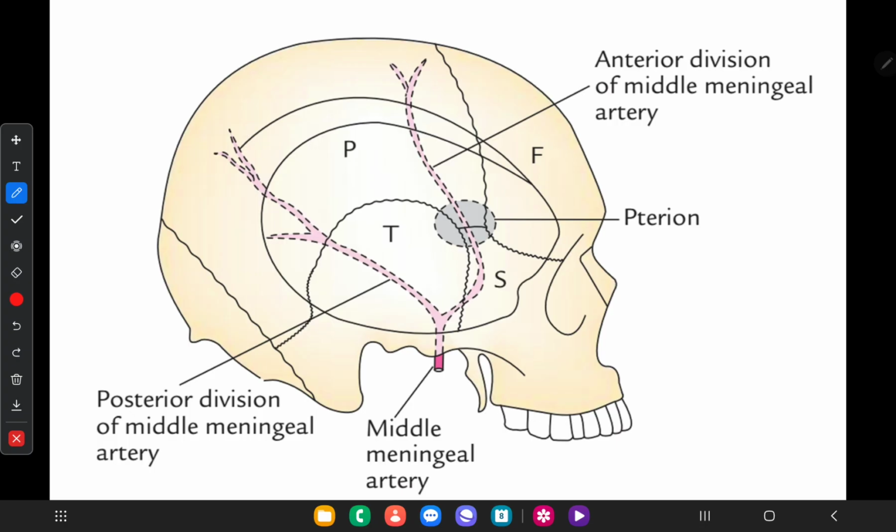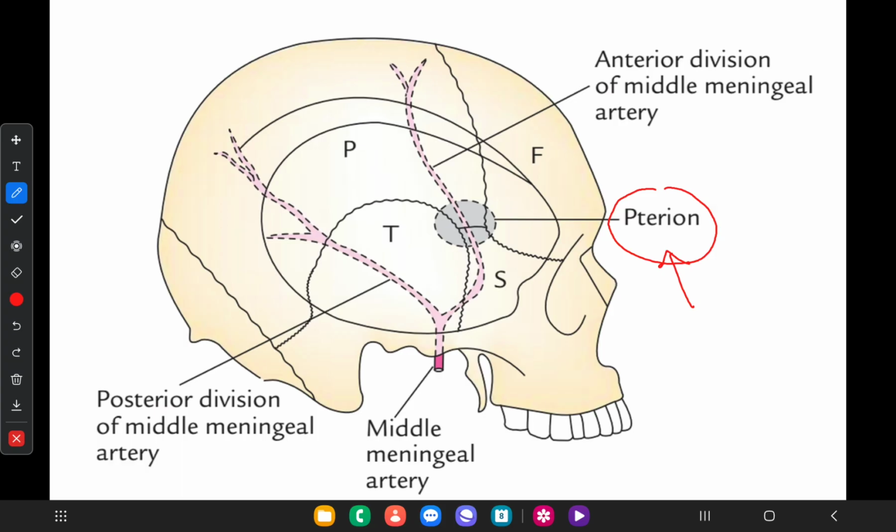When we talk about the clinical relevance of the middle meningeal artery, it is related to extradural hemorrhage. It is a very important point. It may appear in MCQs as well. The pterion is a very thin bony part. So, a fracture of the side of the skull involving the pterion is likely to tear the anterior branch of the middle meningeal artery.